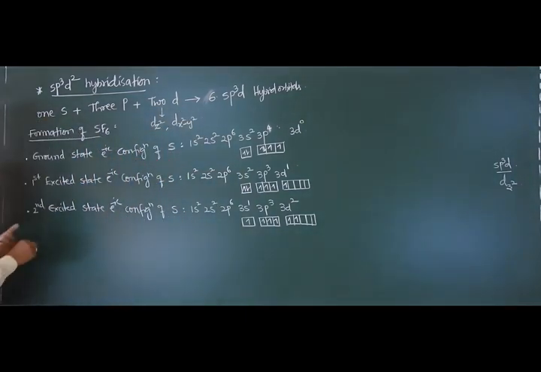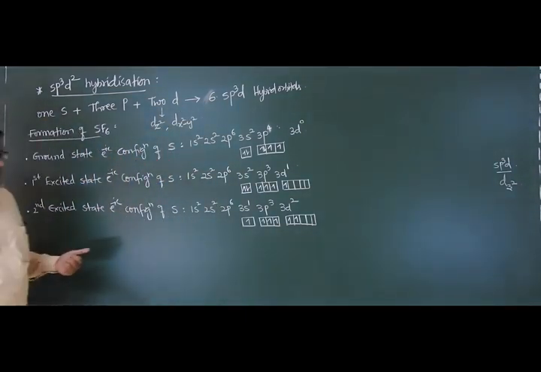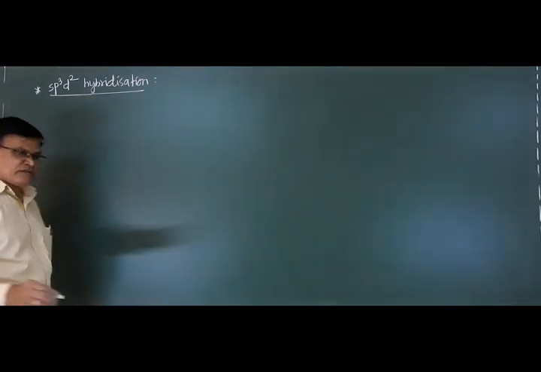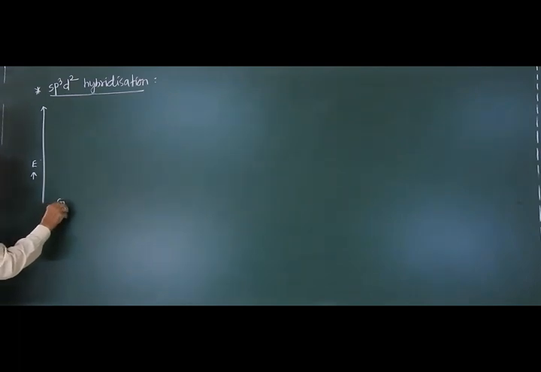Now, see here. We should write the diagram now. This is the configuration. Now, students, write the diagram here. This is the energy. First, you can write the ground state.